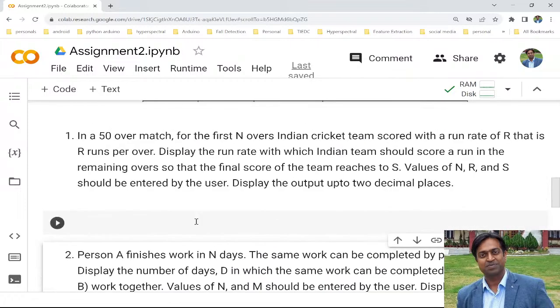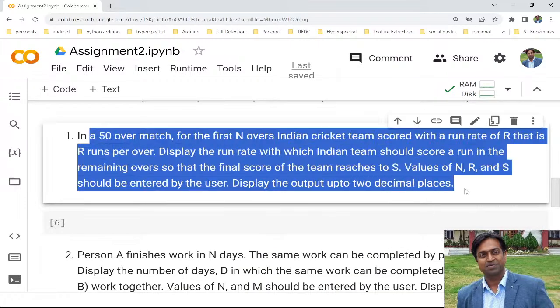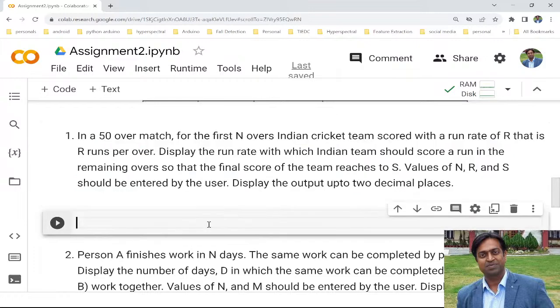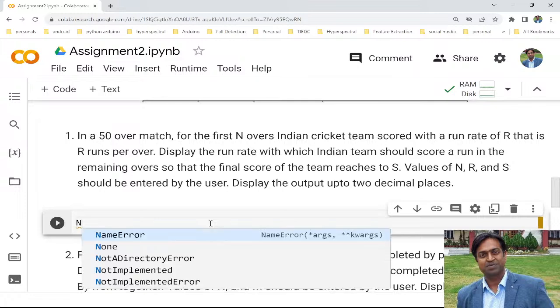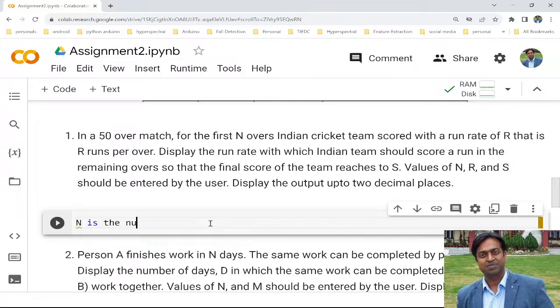I have copied the question over here also. So n is the number of overs that are already delivered, right?